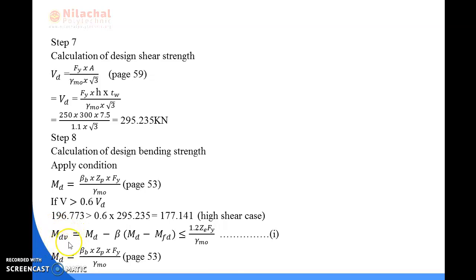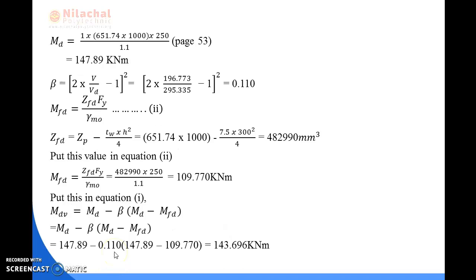To find out the MdV value, we need to know the MD value, beta value and MFD value. We calculate MD as beta B into ZB into Fy divided by gamma m0. Beta B value is 1 for the plastic section.